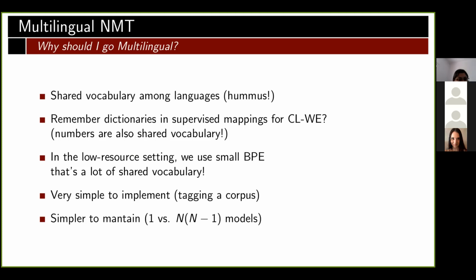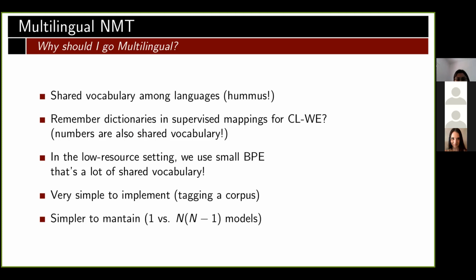And this is true in the high resource settings where we have full words or almost full words. But remember that we saw that for the low resource setting, one of the improvements that we could make is to use a small vocabulary, so use very few BPE transformations. The smaller the vocabulary, the more shared vocabulary there will be.